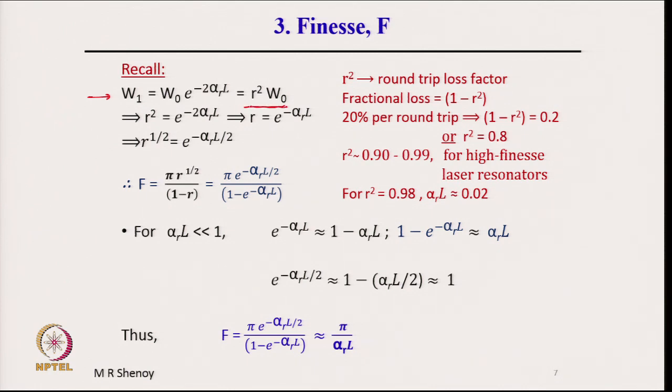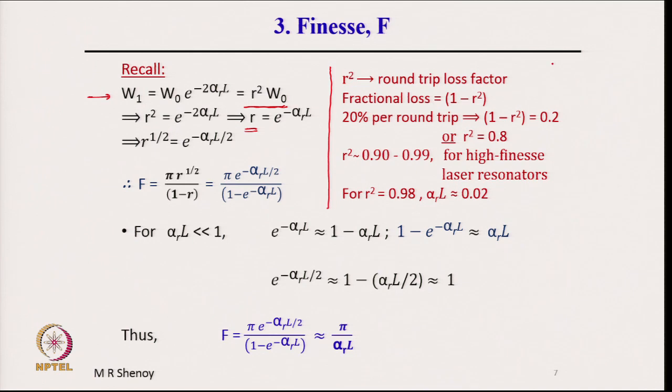In the last lecture, we discussed that the energy or intensity attenuation factor is r square, and r is the amplitude attenuation factor. Therefore, r square is the round trip loss factor, and the fractional loss is 1 minus r square.